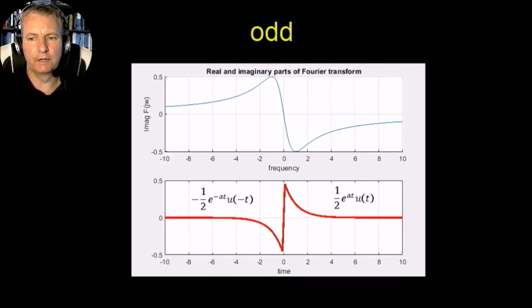And this is the odd part here, so we have our minus a half e to the minus at u of minus t, and we have a half e to the at u of t. So this is the time function here, and it's the odd part of e to the at. The Fourier transform of that is this function here, and you can see that this function is a purely imaginary function. There's no real part to it. So let's go ahead and produce that in Matlab.